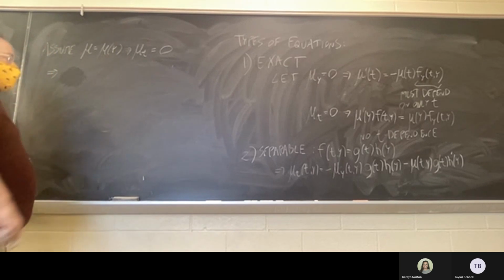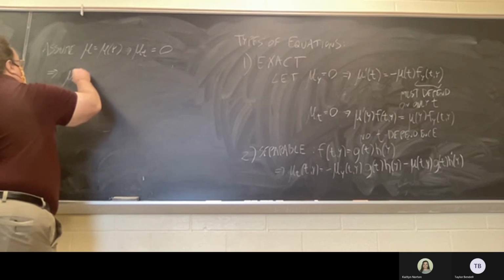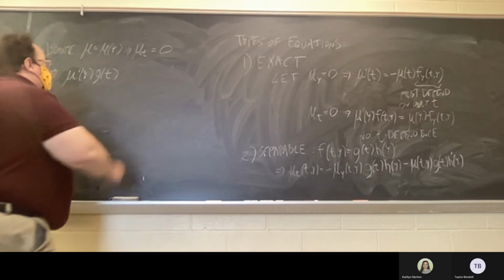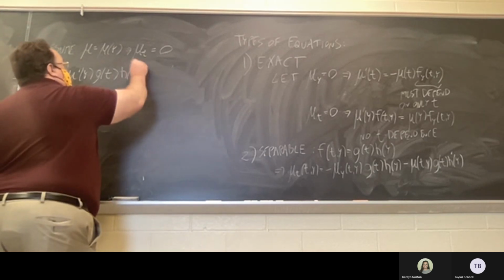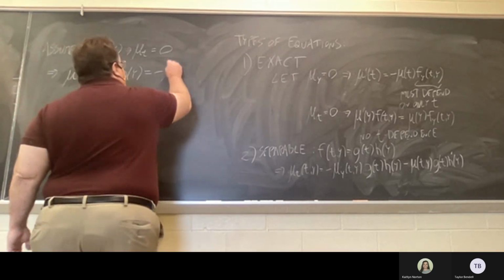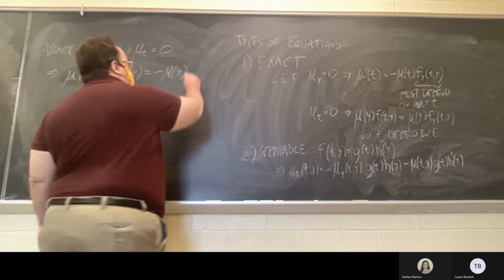Well, I can move one term to the other side. So I have mu prime of y, g of t, h of y is equal to minus mu of y, g of t, h prime of y.